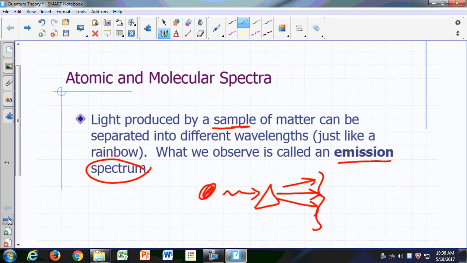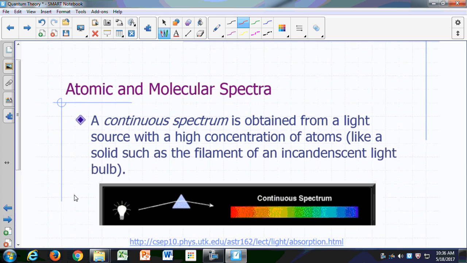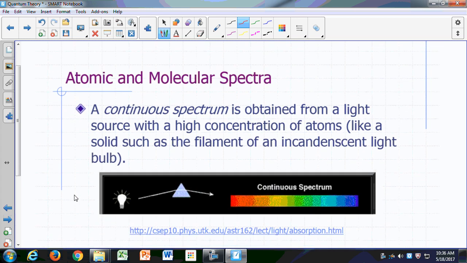So what does that tell us about atoms and molecules? Well, let's take a look at a typical observation you might make. If your light source, the sample of matter that produces the light, has a high concentration of atoms, that means you have a lot of atoms crowded in a very small space. For example, in a solid, the atoms are as close as possible to each other.